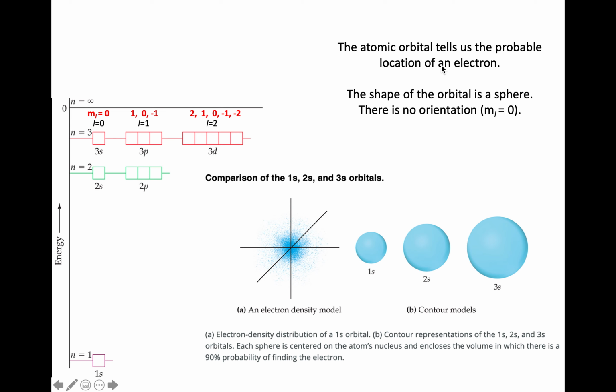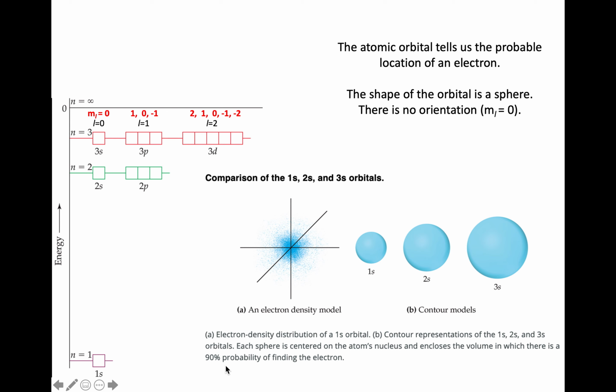This idea that it tells us the probable location of an electron, look at this first representation here. This is showing a lot of different dots. Where you see more dots, that's the more probable location of finding the electron. More dots are found towards the center, less and less frequent as we move further out. Now, instead of drawing all those dots all the time, you see these kinds of representations.